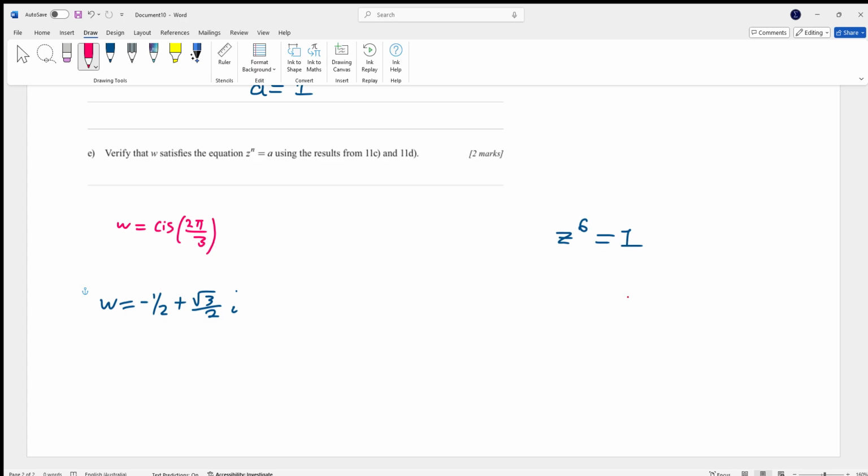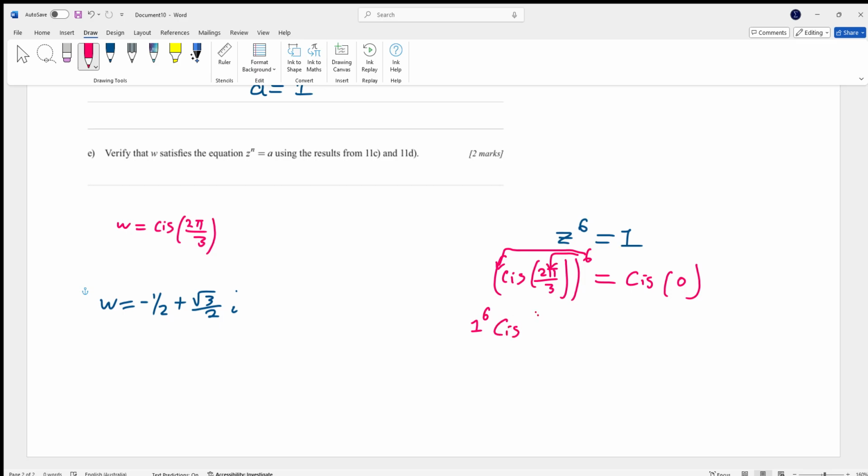So 1 in complex polar form would be cis 0. W is already this, so we can just shove W in for z here. So cis 2 pi over 3, all to the power of 6. Now we can use de Moivre's theorem, which means you can apply that power to the thing there. So it's going to be 1 to the power of 6, and you can multiply the 6 by the angle here.